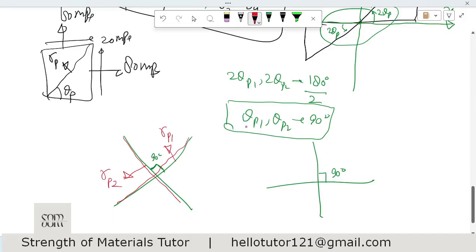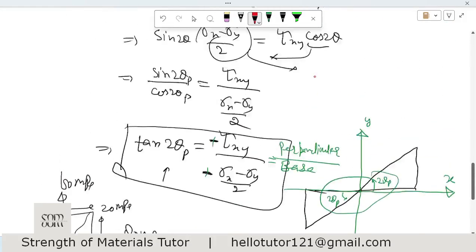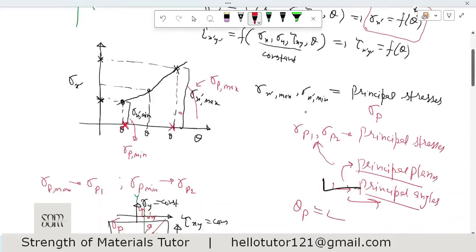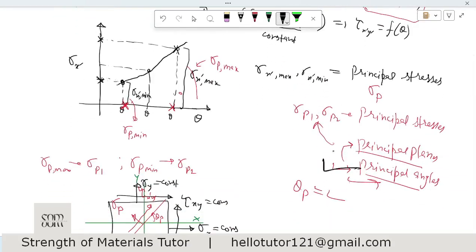Because of this theta, we also found the principal planes too. We have two planes where one plane has the maximum principal stress and the other plane has the minimum principal stress, and the angle between them is 90 degrees. Now we found the principal angles and the principal planes.